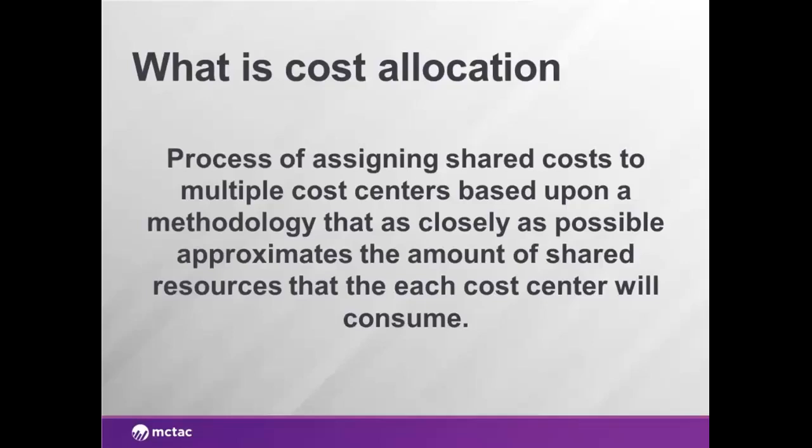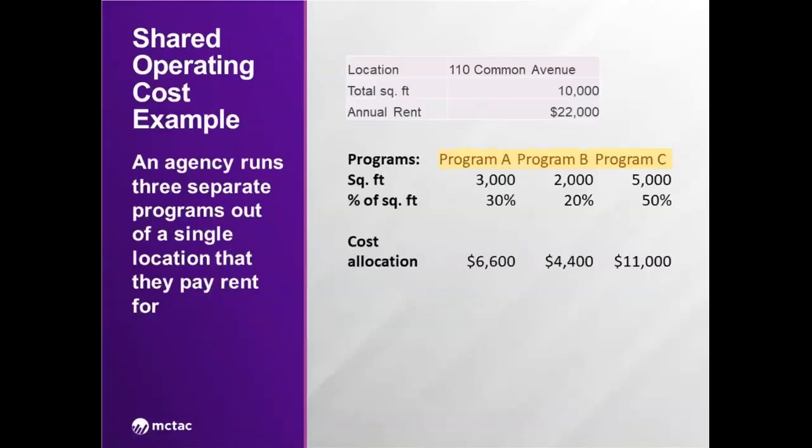It is a documented method by which you take each of these shared costs and allocate them or assign them on your general ledger to each of the cost centers that share those costs. So they're shared costs with a methodology to allocate them and then assign those costs in your general ledger.